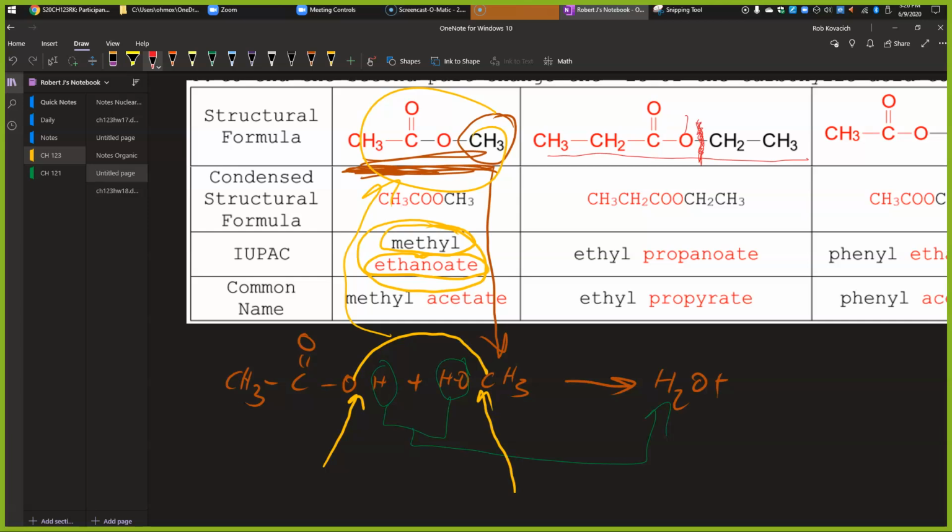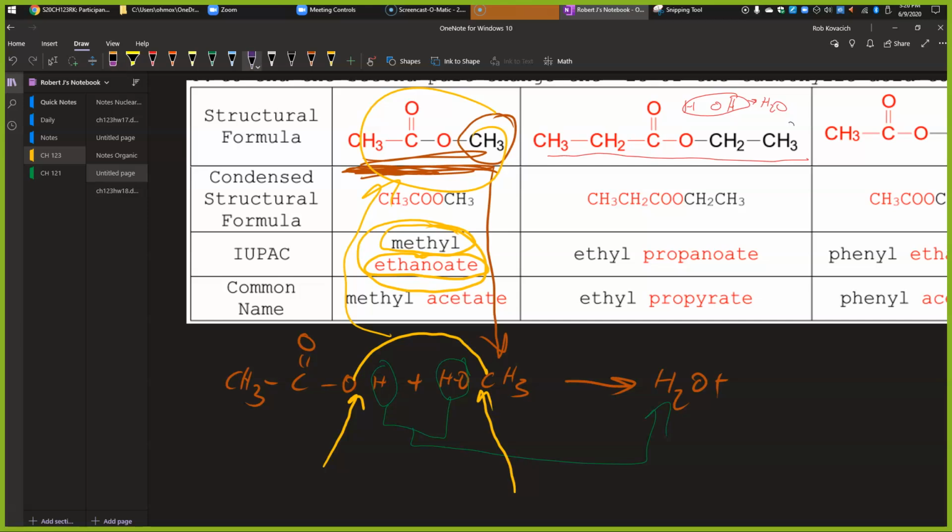What was here was an H, and what was here was an OH, and that went and made myself a water molecule. And now I need to connect them up because the oxygen is missing a bond and the carbon is now missing a bond. And so that's where the connection came from.